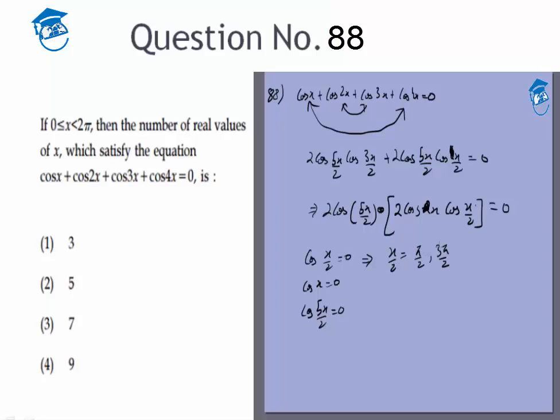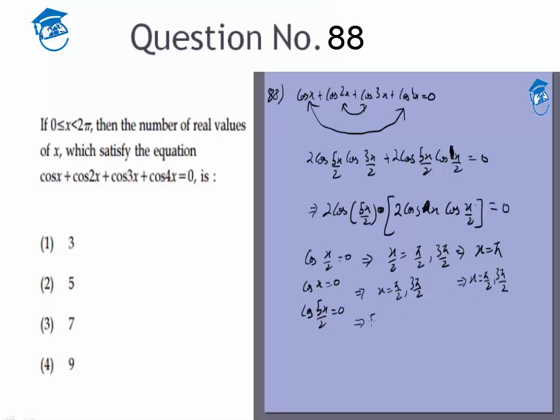So this gives me x is pi and 3 pi, but 3 pi will not count, so x is equal to pi, because 3 pi is not between the range 0 to 2 pi. Cos x is equal to 0 gives me x is equal to pi/2 and 3 pi/2, which means obviously both are correct, pi/2 and 3 pi/2.